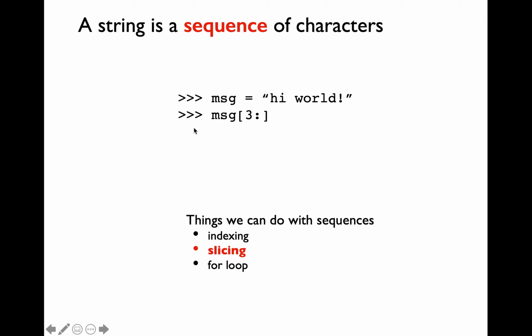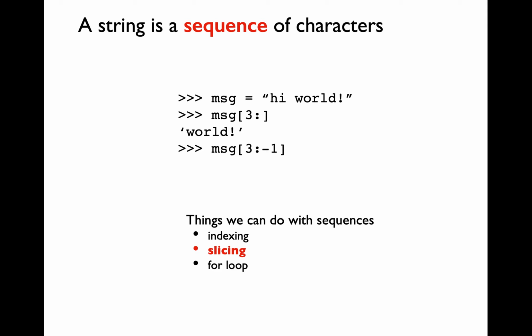So what will MSG of 3 colon give me? That's going to retrieve all the characters from index position 3 up until the end. Since we did not mention any end here, Python is going to retrieve all the characters as part of this particular sequence from the index position 3. That's going to be "world!".